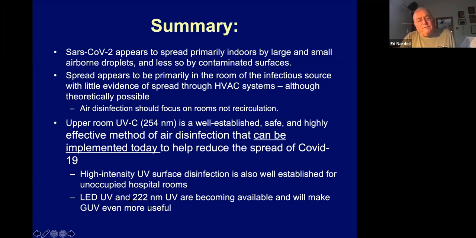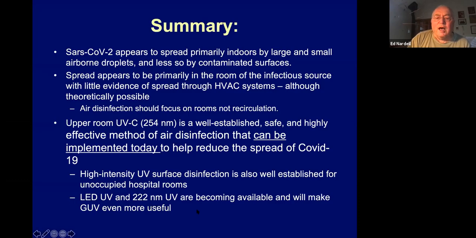And then there's what's called far UV, 222 nanometer UV, which is also germicidal, also part of UVC, and can be shone directly on people. It's even less absorbed. It doesn't even cause eye irritation, but it's brand new, it's very expensive, and limited availability.